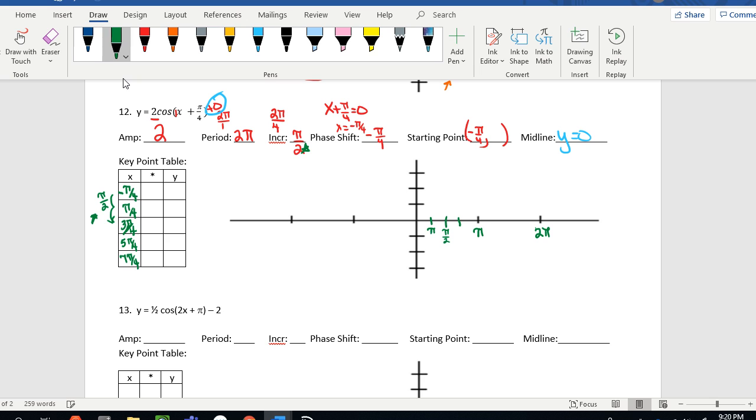So this would be a quarter pi, 3/4 pi, 4 quarters, 5 quarters. This is 6/4, but I don't use it. 7 quarters is next.